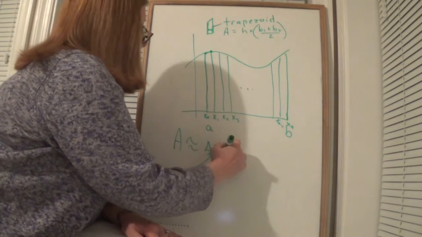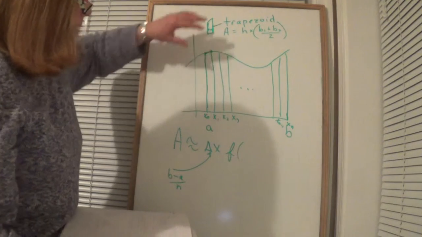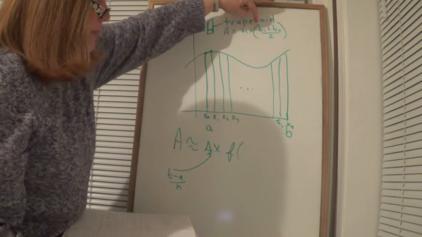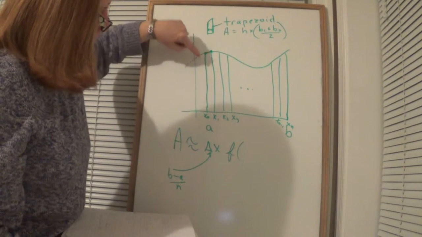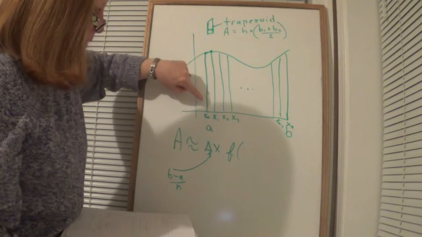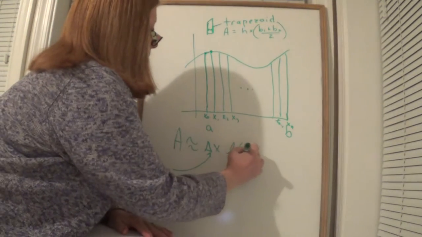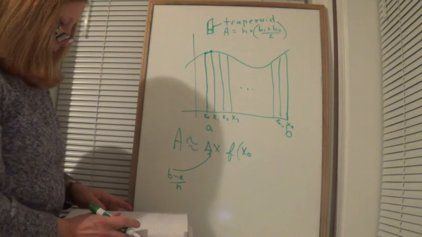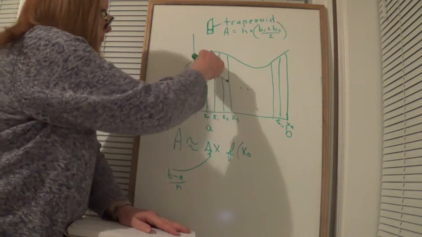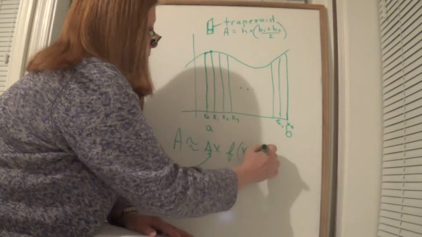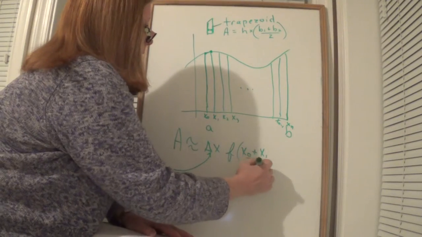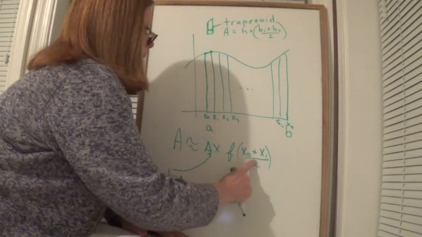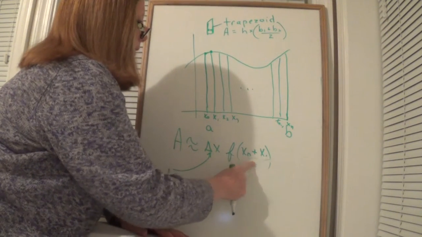Then we're going to put in this term right here. So base 1 is this line. It's connected to this line. So it's the function of x at x sub 0. And also we are going to add the base right here, x sub 1, and divide it in half.